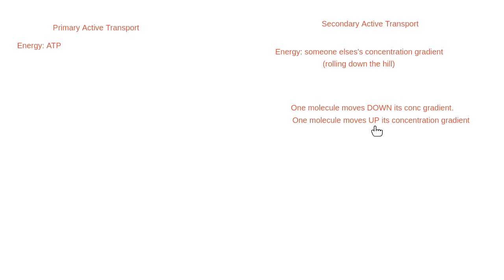When I talk about primary active transport, what's going on with our ups and downs? Yeah, so in primary active transport, both molecules move up their concentration gradients. Both molecules move up.